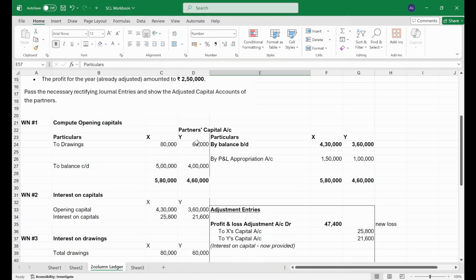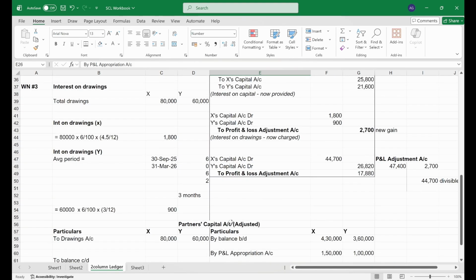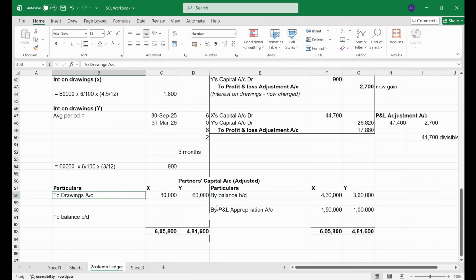Apart from that, compare the opening capital working note. Drawings was there, opening balance was there, the original divisible profit was there. Retain all those three items as they are: opening balance, drawings, and original net profit.